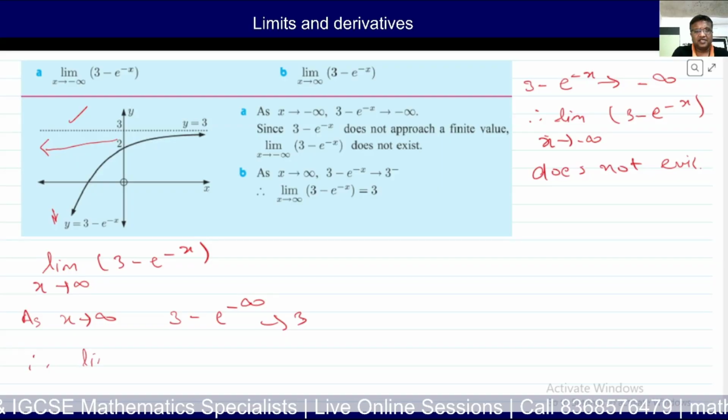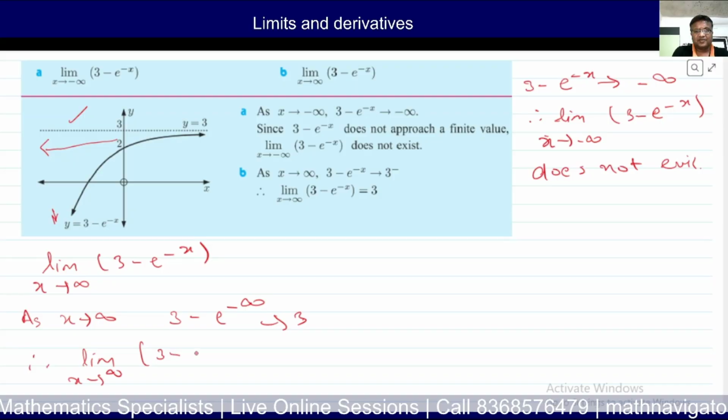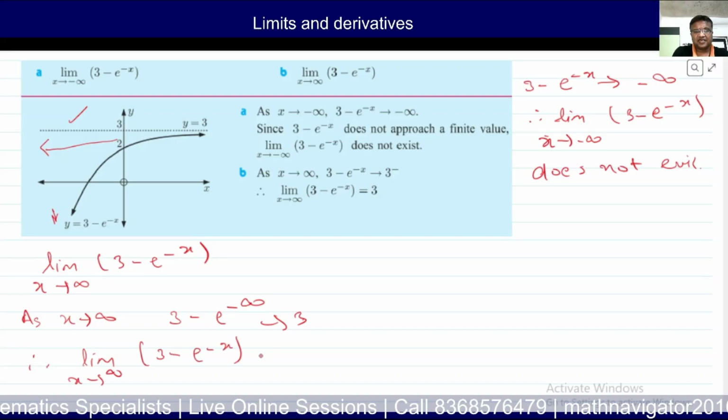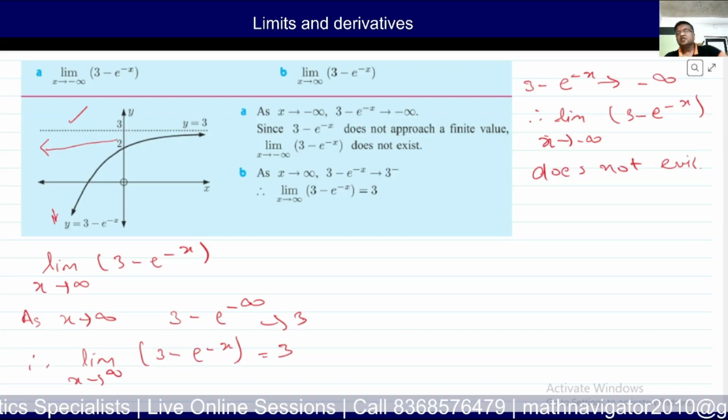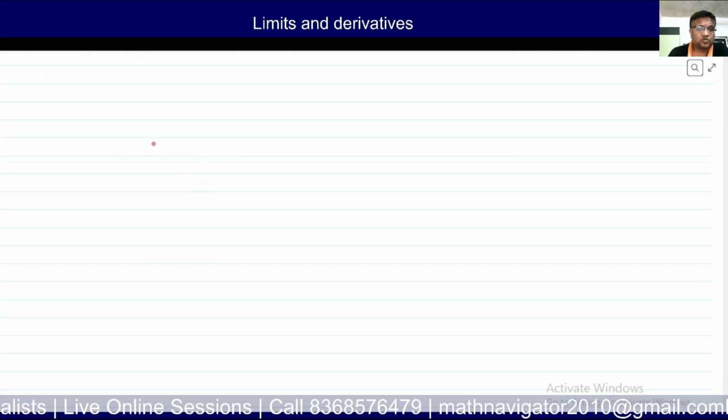Therefore limit x tends to infinity, 3 minus e to the minus x is 3. Right. Then we need to understand what are continuous functions.